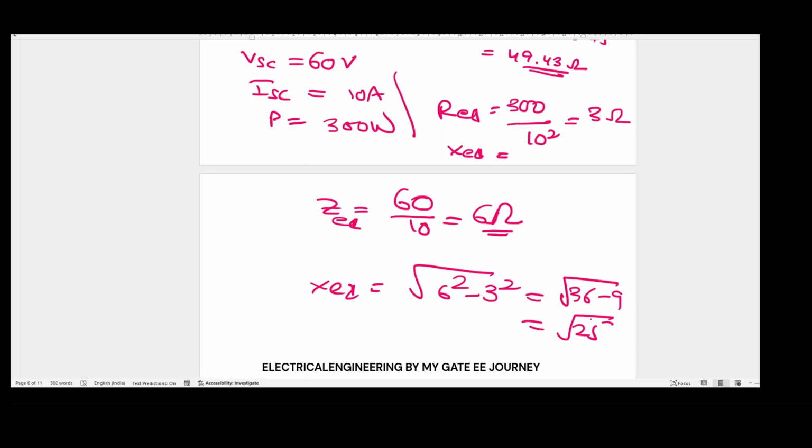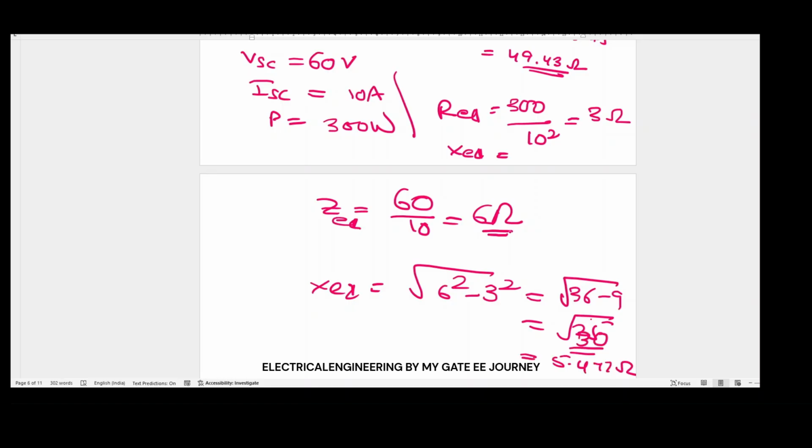That is 36 minus 9, sorry, it is 27, and you can get the value. Square root of 27, how much is it? 5.196.